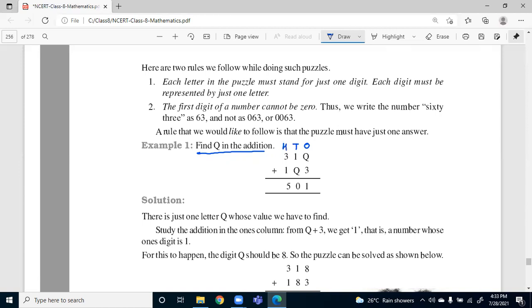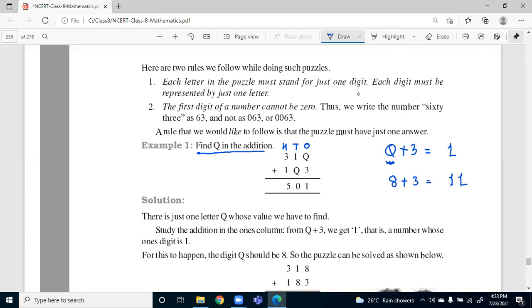Starting from ones place, I have Q plus 3 equal to 1. What should be the value of Q so that it is satisfied? If I put Q as 8, then it becomes 11.